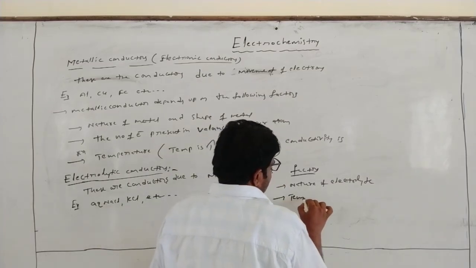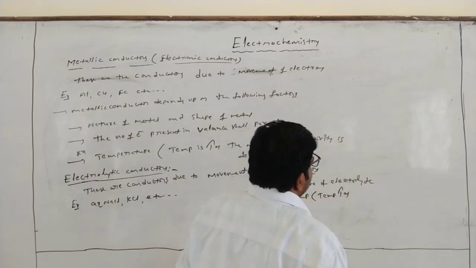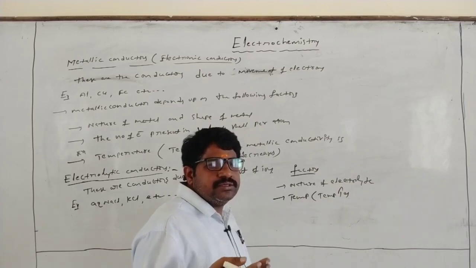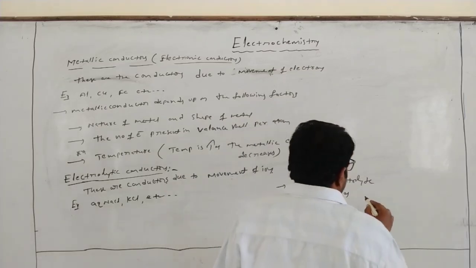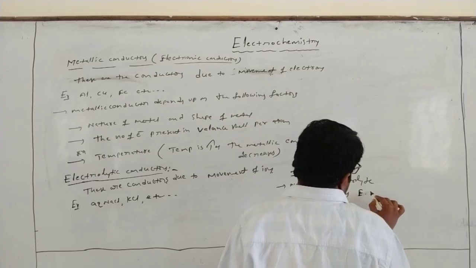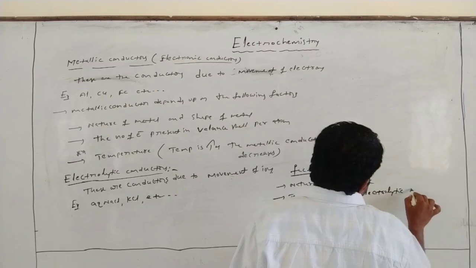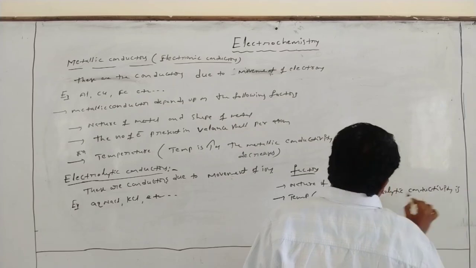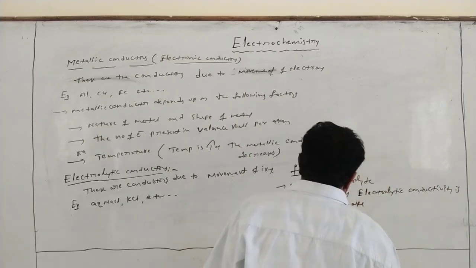Second one is temperature. When temperature increases, the electrolytic conductivity increases, because when temperature increases, the production of ions increases.